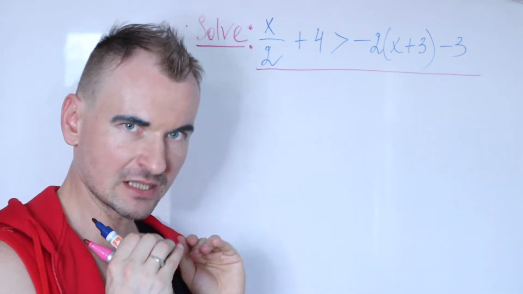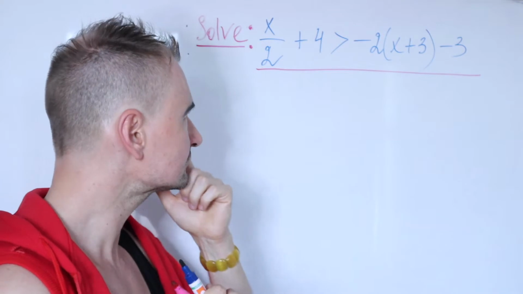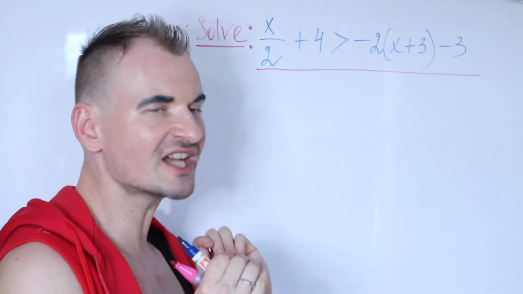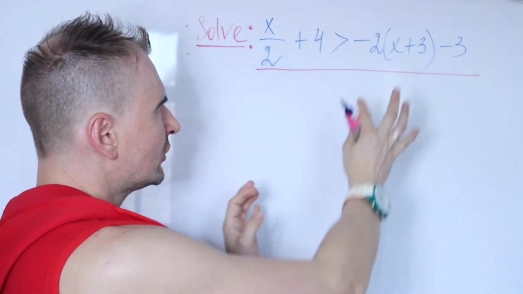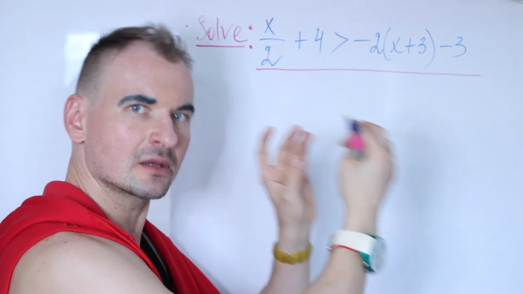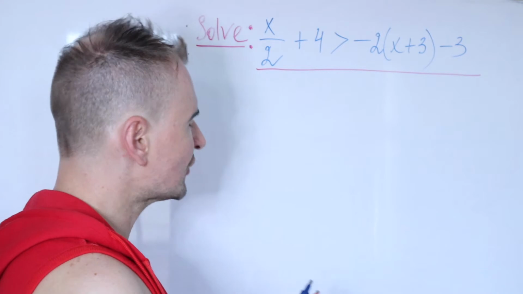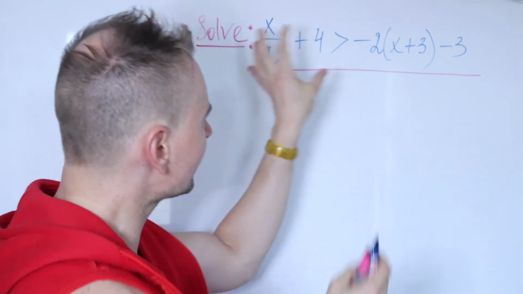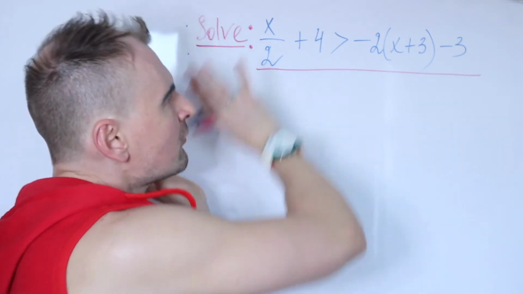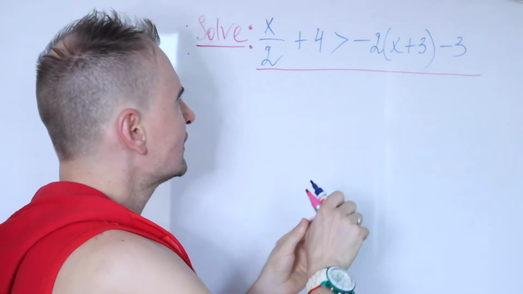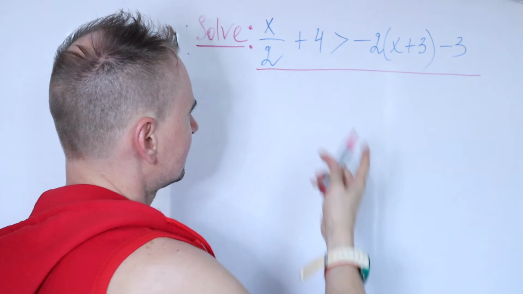Okay, clean it up, clear it up. So you always start by collecting your x terms and constants, numbers. Since you have constants on the left and on the right side at the same time, let's move them to the right side.